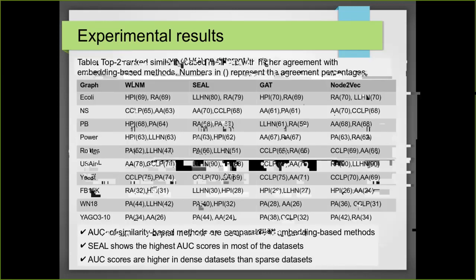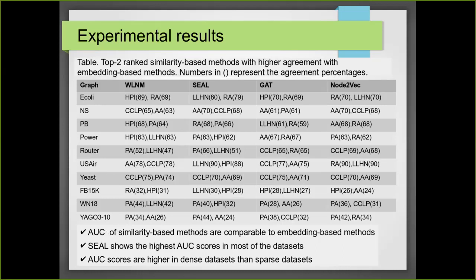And now we also compute the agreement between similarity-based and embedding-based methods. Here you can see the percentage of agreement between the top 2 ranked similarity-based methods, which have a higher agreement with embedding-based methods. So in this network, WN18 has 69% agreement of link existence with ASPI and RA.